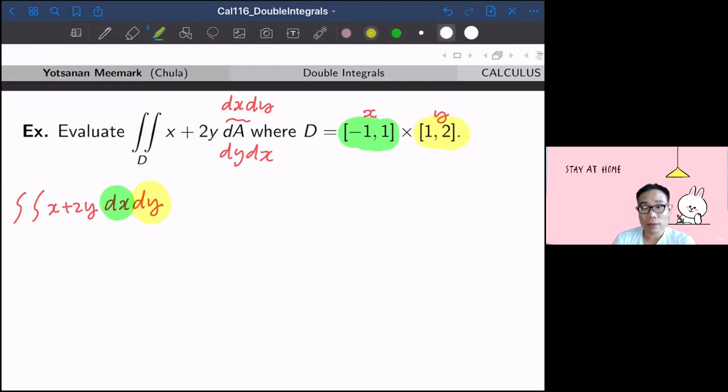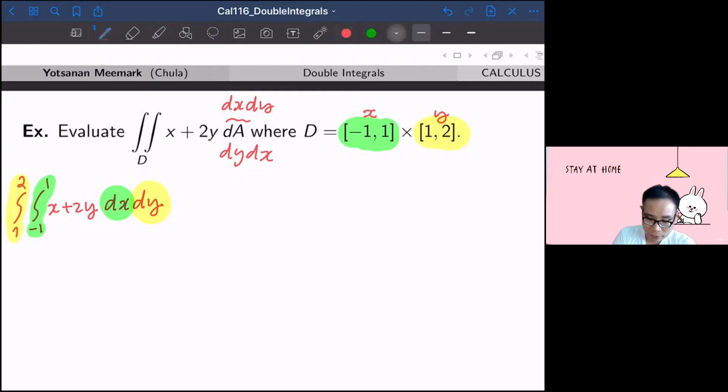So this double integral will be, for the green one, from -1 to 1, and this is the green integral. The second one is integrated from 1 to 2, so this is the yellow one, 1 to 2. Okay, so this one you use dx dy.